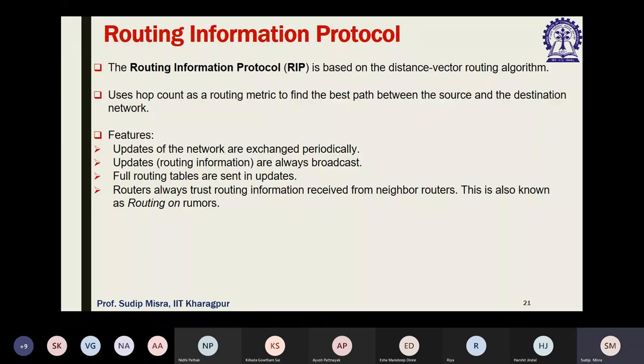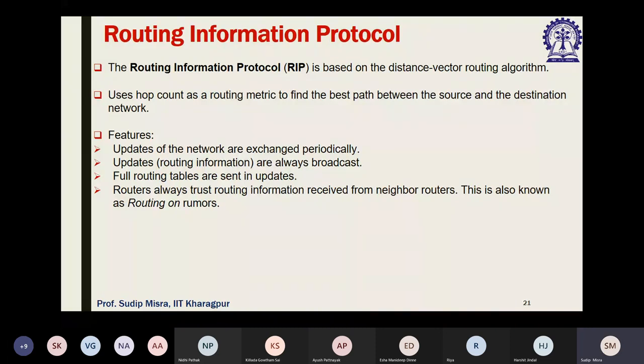So this is the time the neighbor router takes to remove a stale route from its routing table.